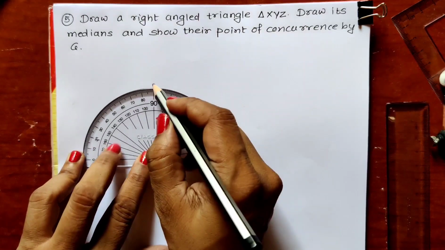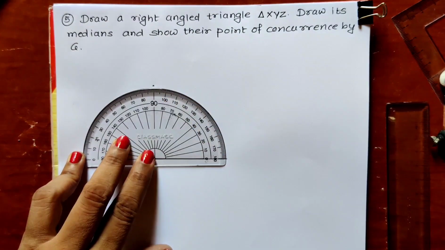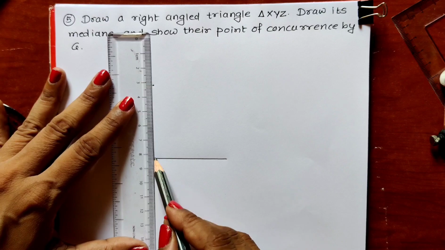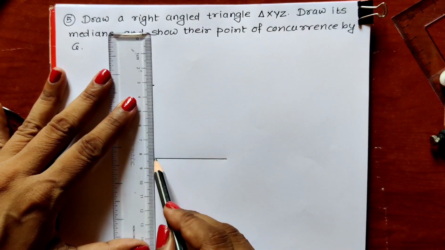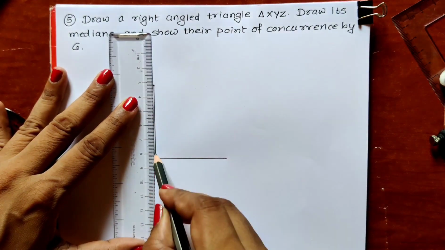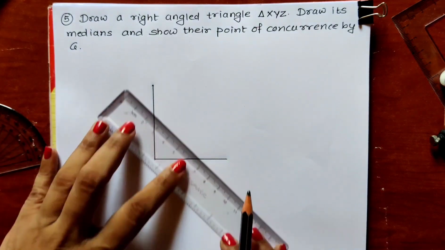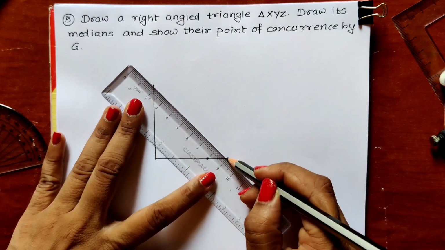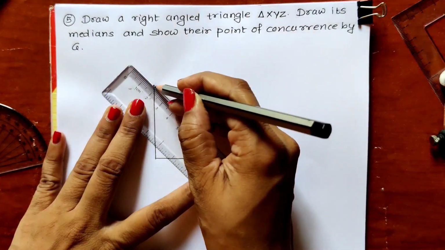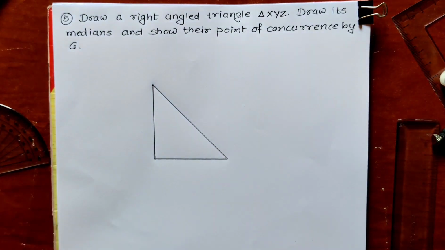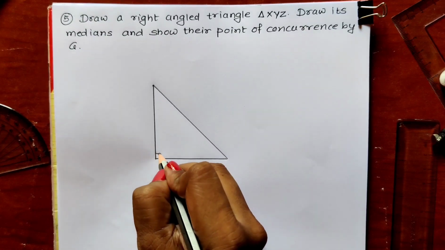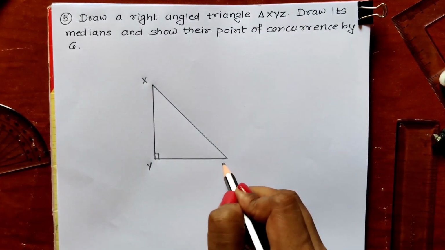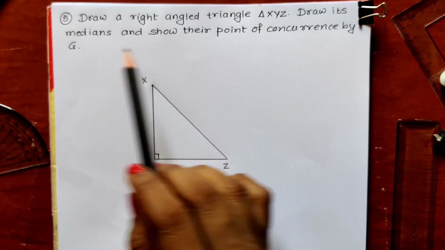So here I am taking this 90 degrees. And now I will be drawing the other side, which will be the height of this right angle triangle, and then we can join these two vertices so that we will get a triangle. So in this way we have got a right angle triangle XYZ.